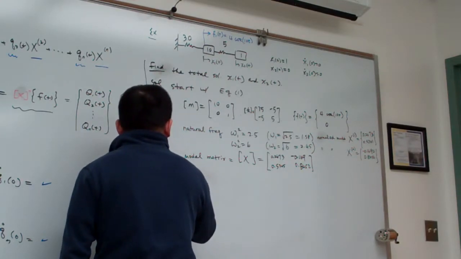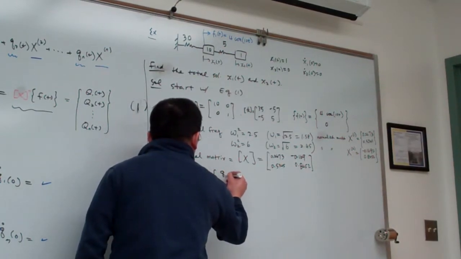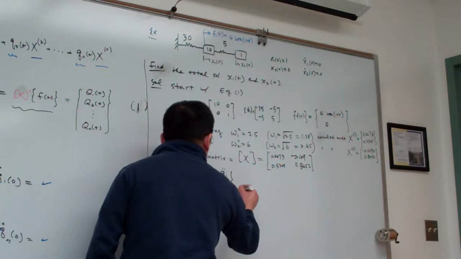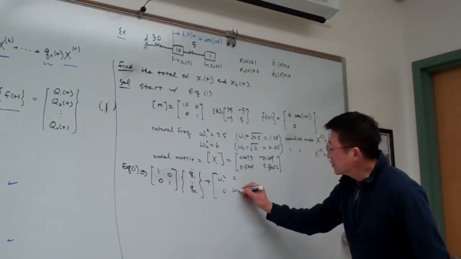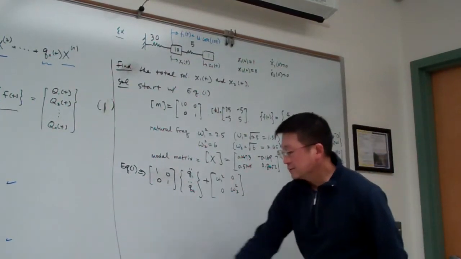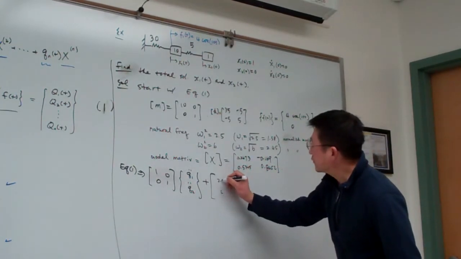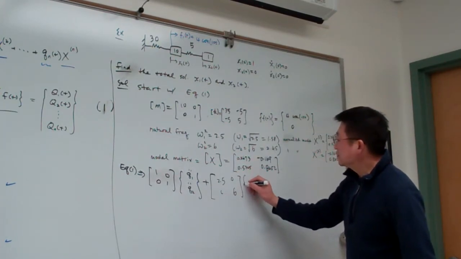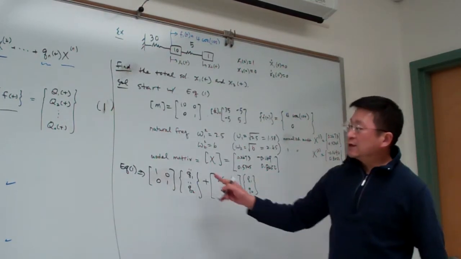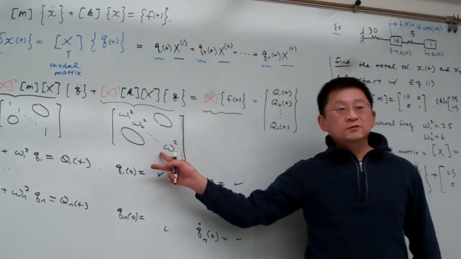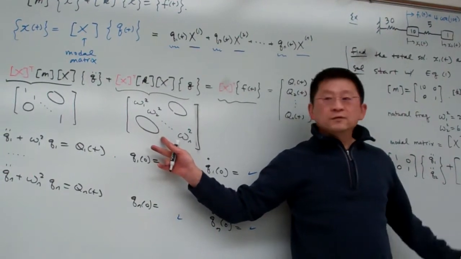So therefore, equation 1 becomes [1, 0; 0, 1] times [Q1 double dot; Q2 double dot] plus, let me use the symbols quickly, and if you like we can put the numbers here. That is omega 1 squared equal to 2.5, omega 2 squared equal to 6, times [Q1; Q2]. This one is this matrix. So I have used the numbers for omega 1 squared and omega 2 squared here. Be good?